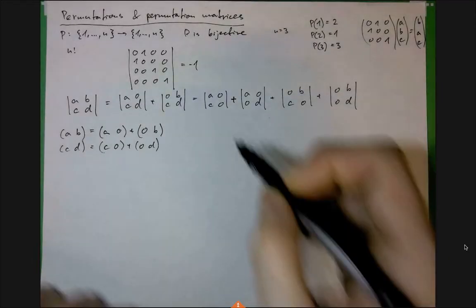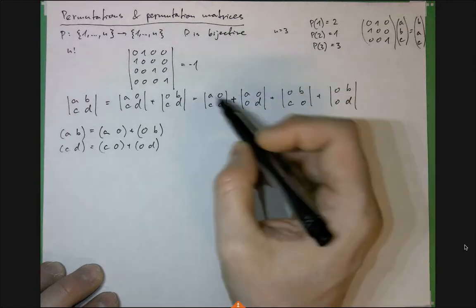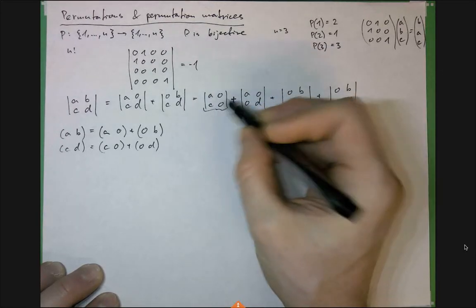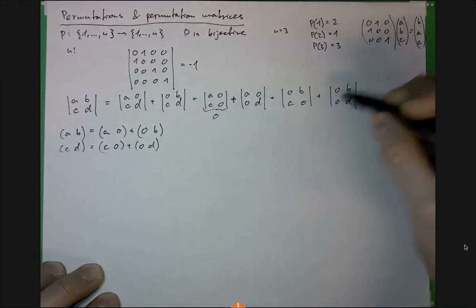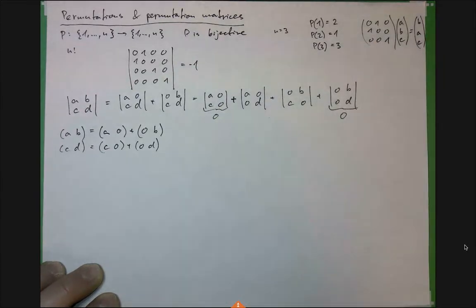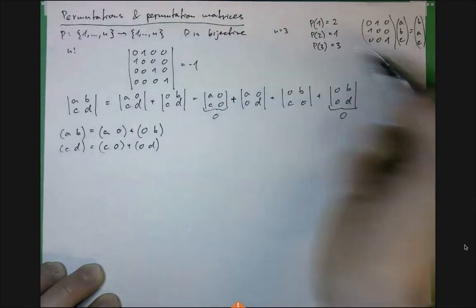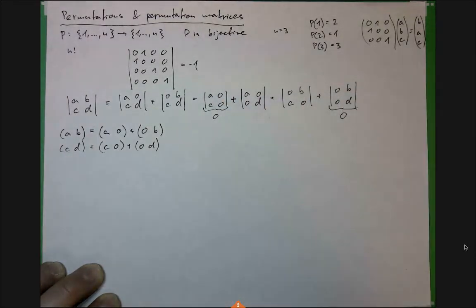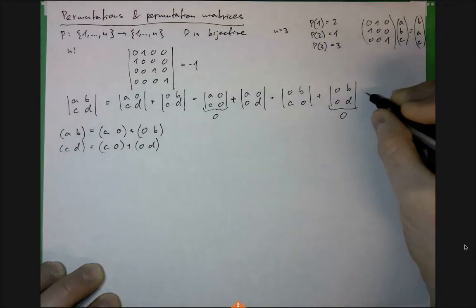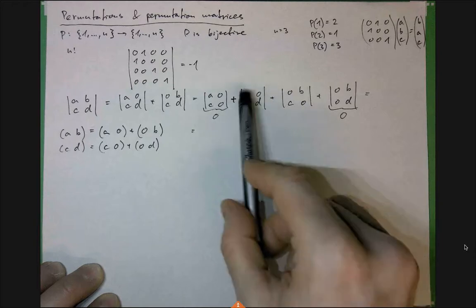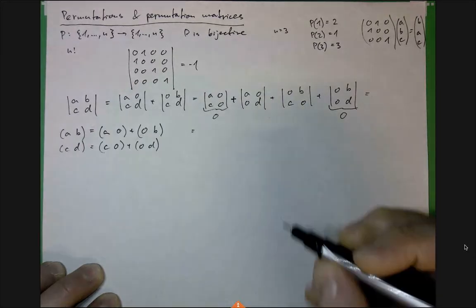Remember, we have shown that if there is a column or row of all zeros, then the determinant is 0. So the determinants of these matrices are 0, and they just fall out, because there is a column of all zeros in each of them. The next thing we can apply is again linearity, this time by extracting the scalar multiplication.